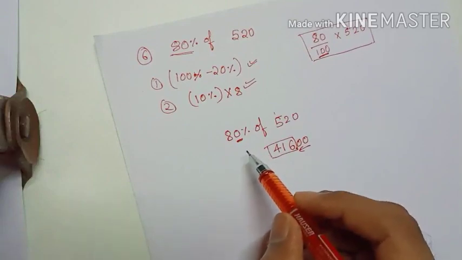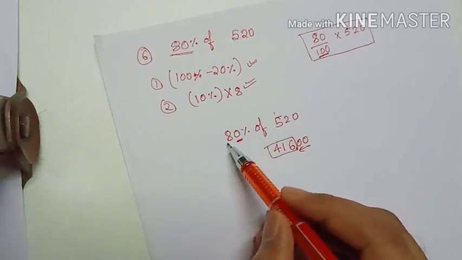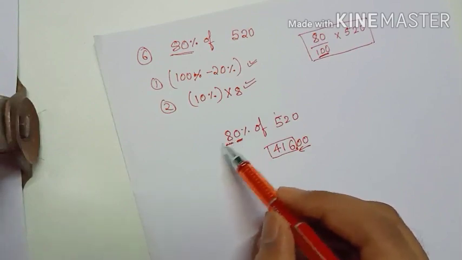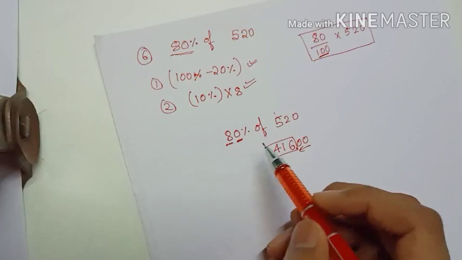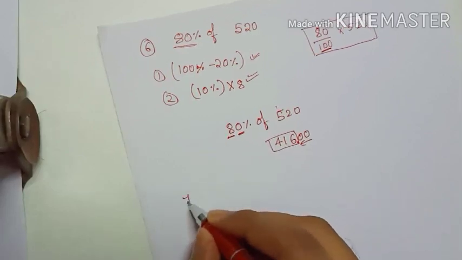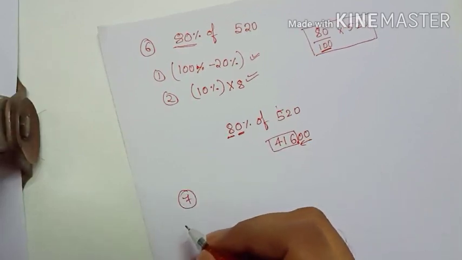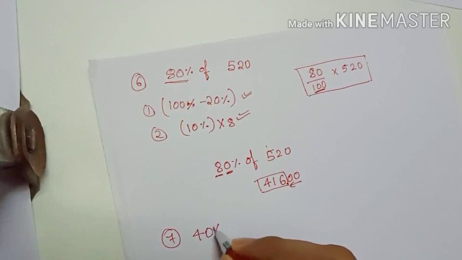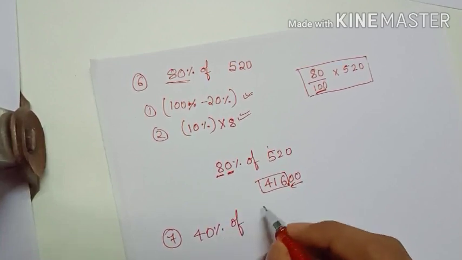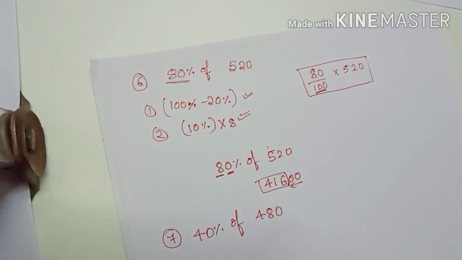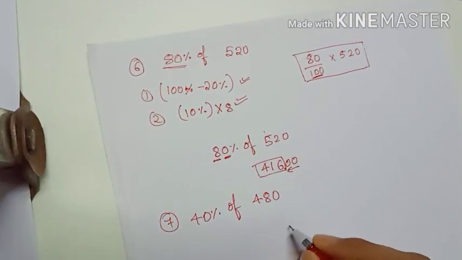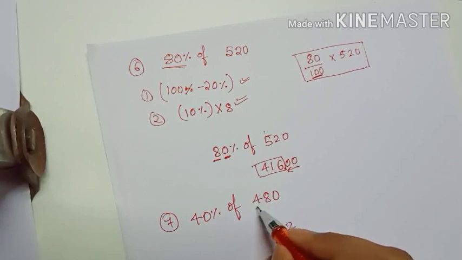And this is helpful only when we have single digit percentage values over here, like 80, 70, 60, 40, like that. Suppose one more example I'm going to take here. What if, okay, I will tell you, 40% of 48, how are you going to do it? Yes, direct multiplication. 48 times 4 is 192, 3 will be taken as carry over here.